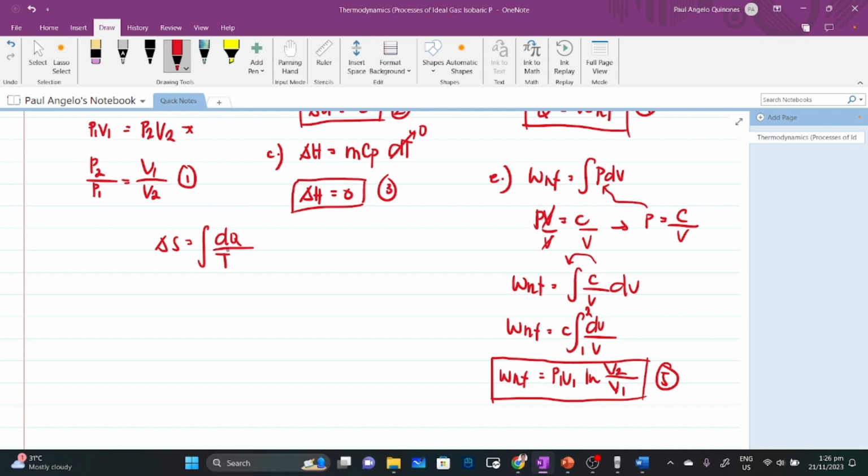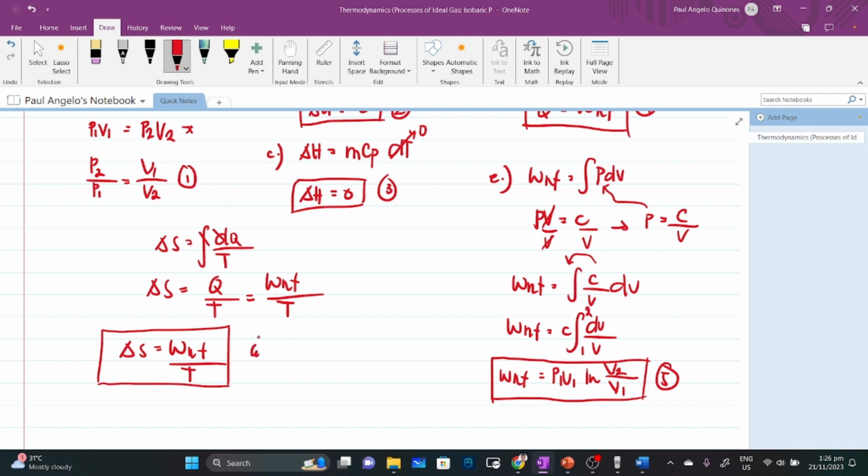So the derivative and antiderivative will cancel out, leaving us with delta S is equal to Q over T, where Q is your non-flow work. So the change in entropy is the non-flow work over T. This is equation number 6.